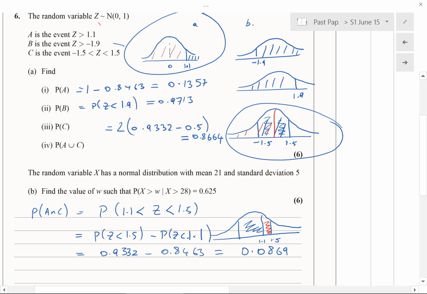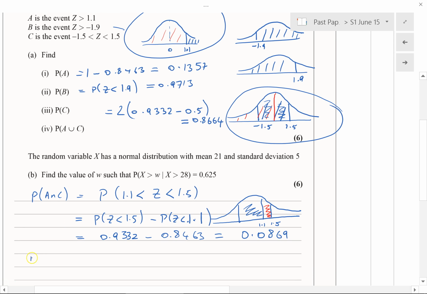So that comes to 0.0869. So now to the question, P(A union C), using the addition rule, is P(A) plus P(C) minus P(A intersection C).